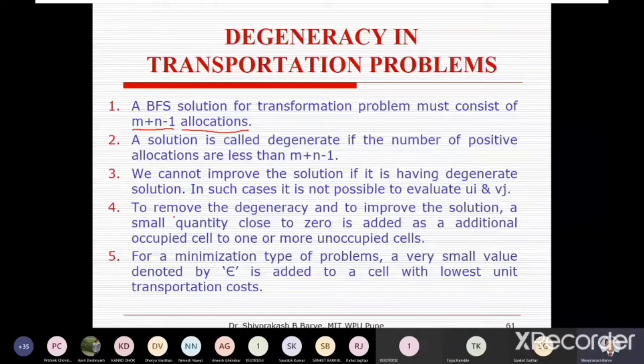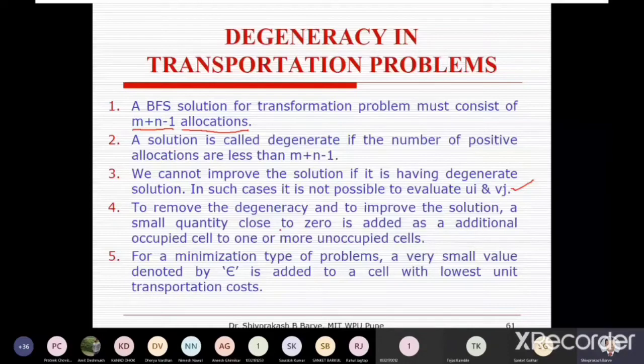In such cases, it is not possible to evaluate the values of U and V in the UV method, or you cannot make a closed loop in the stepping stone method, or the problem is stuck there and you cannot continue by using the regular procedure.